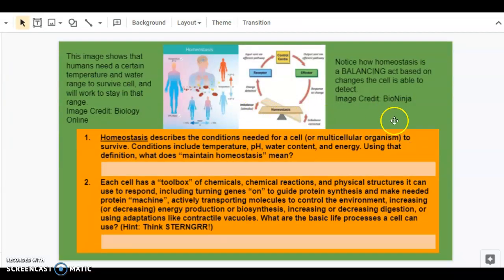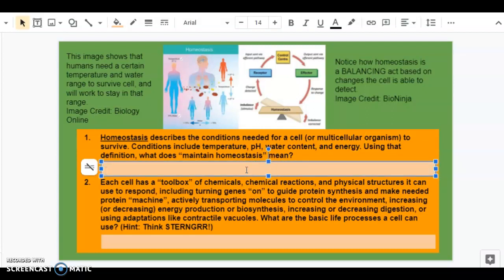Using these definitions of homeostasis, the conditions needed for the cell or the multicellular organism to survive, what does homeostasis mean? Homeostasis means responding to changes in a way that keeps the factors needed for good health within limits.